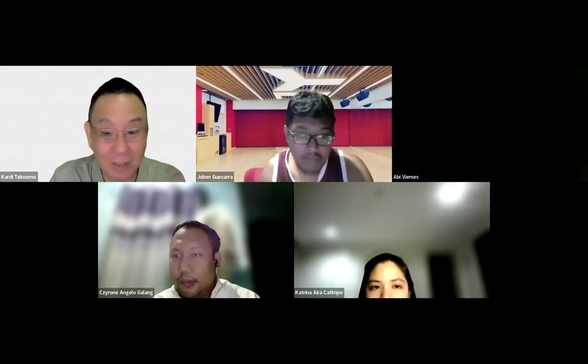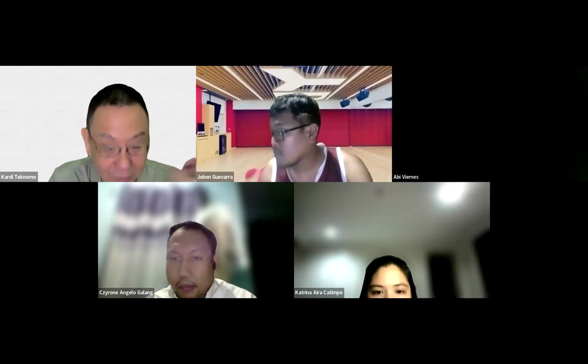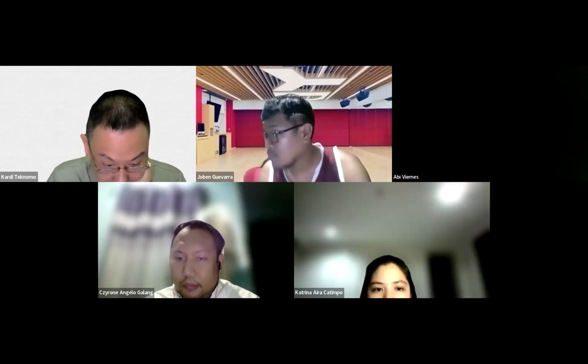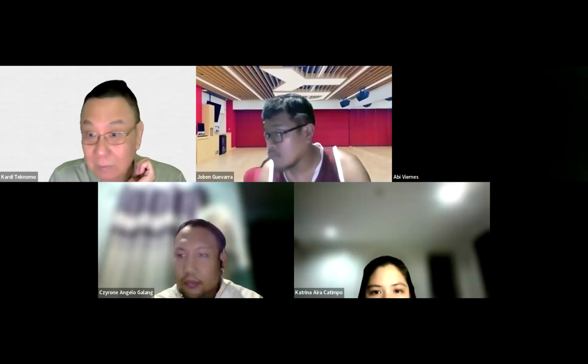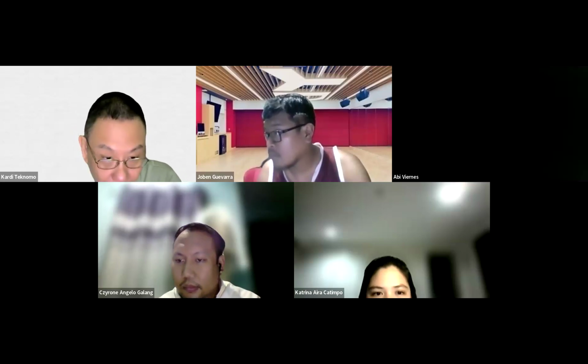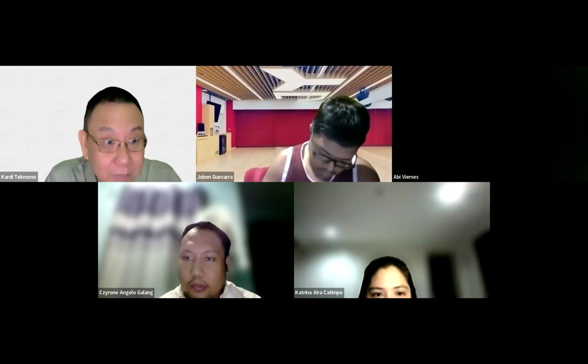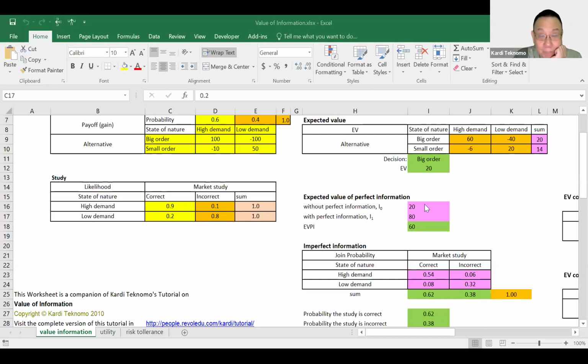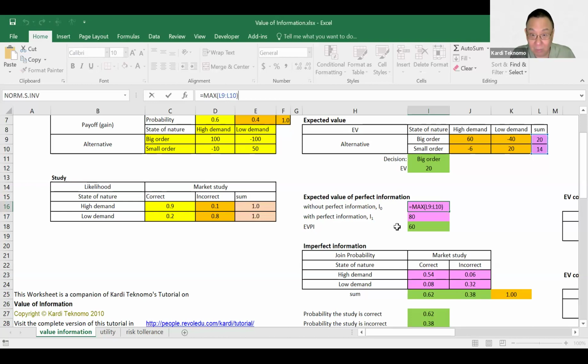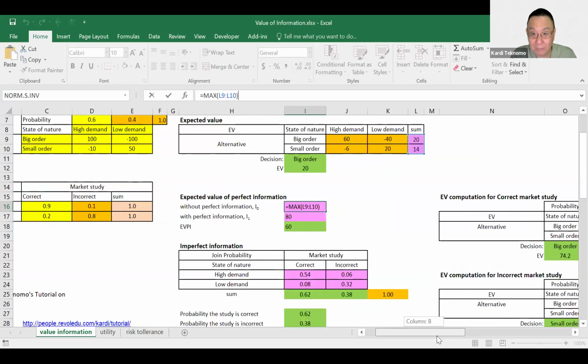In Excel, can you compute that for the fruit salad at least? Please. I will show my Excel so that you can see. Can you see my Excel? So this one, without perfect information, is just the maximum between these two, 20 and 14 from earlier.